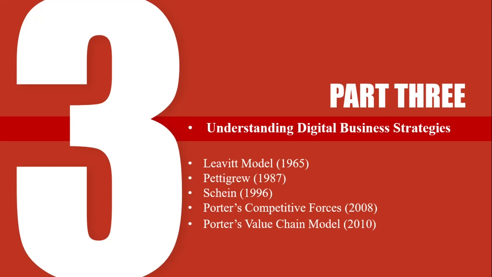So here we go. I'm going to talk to you about Levitt model, which is a sort of 4-element diamond model. Pettigrew model. Andrew Pettigrew is quite a famous British scholar talking about change management and how you manage things quite successfully.